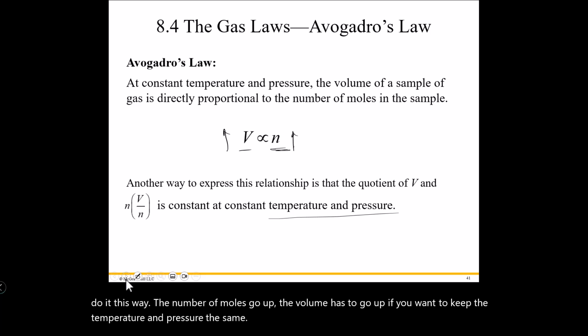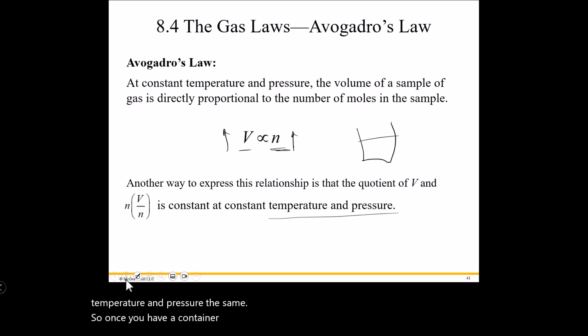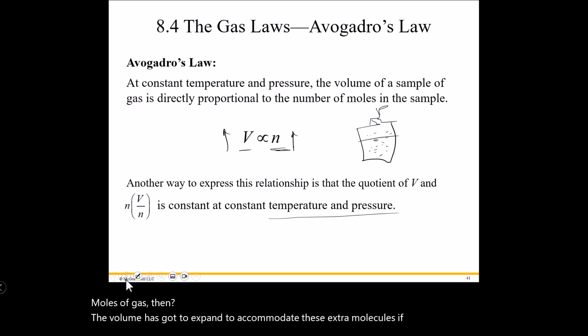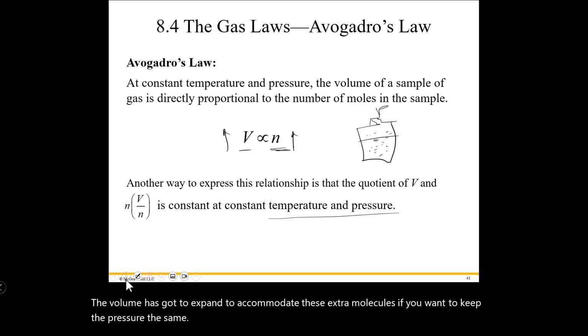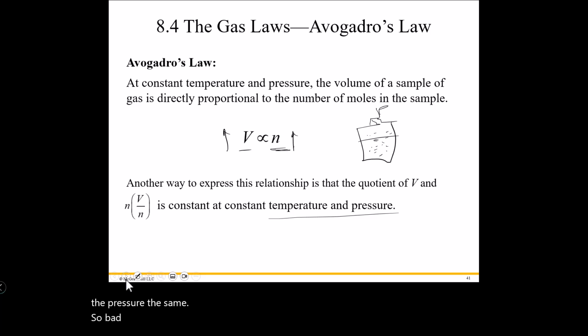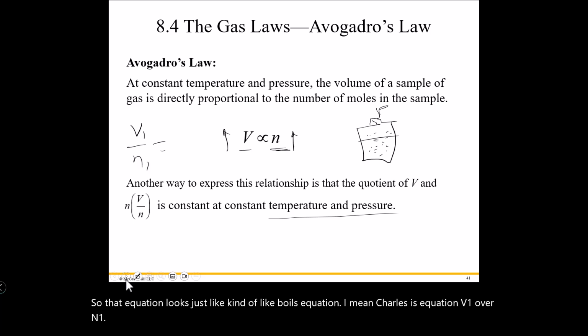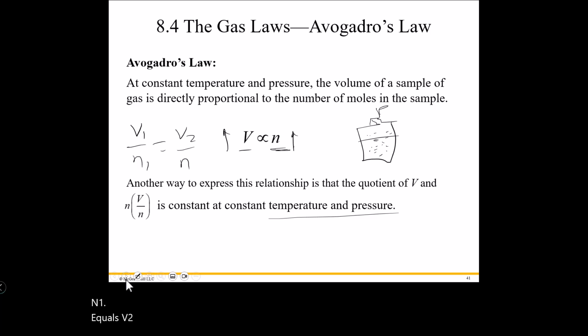Once you have a container, if you add more moles of gas, then the volume has to expand to accommodate these extra molecules if you want to keep the pressure the same. That equation looks just like Charles's equation: V1 over N1 equals V2 over N2.